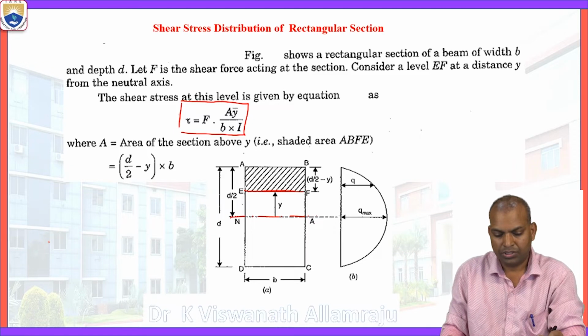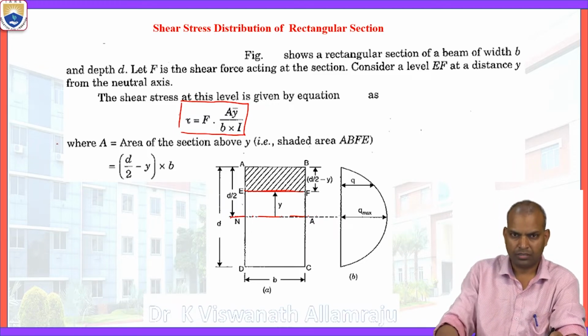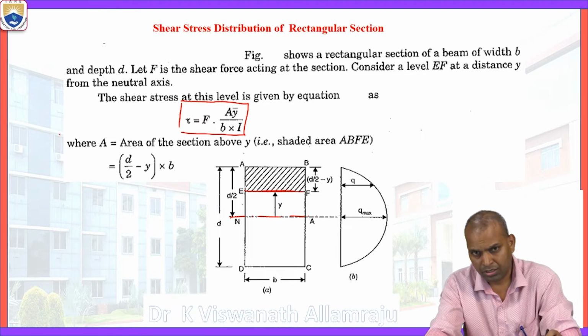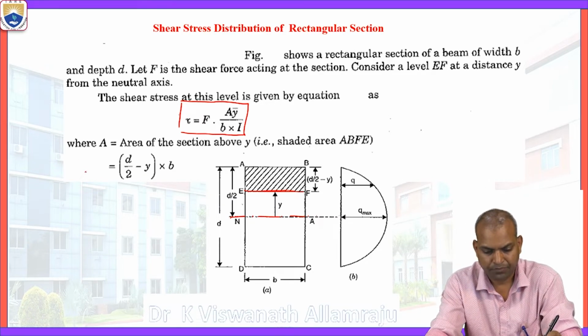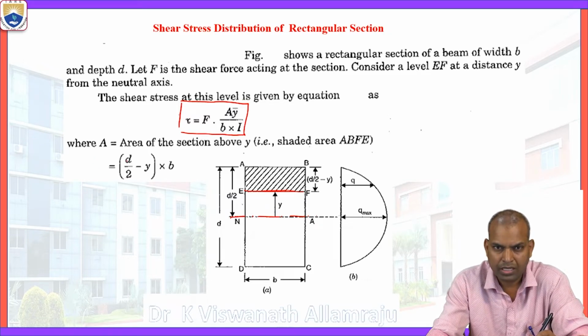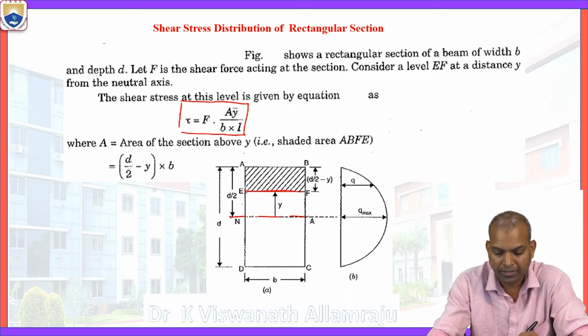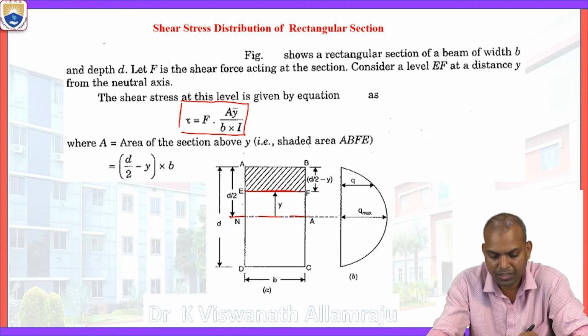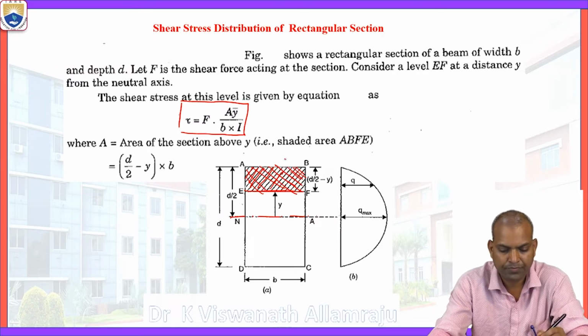The shear stress at this level is given by tau equal to F A y bar by I B, where A is the area of the section above y, that is the shaded area ABEF.